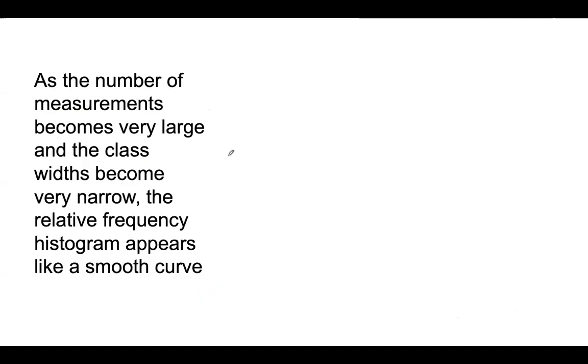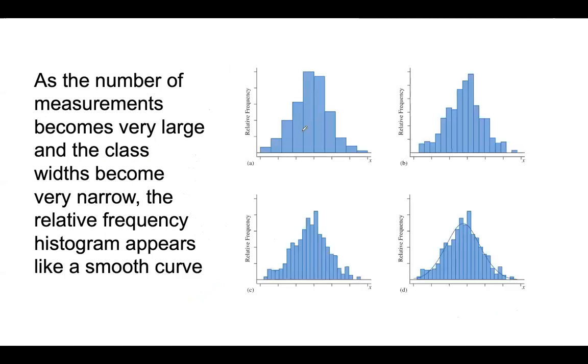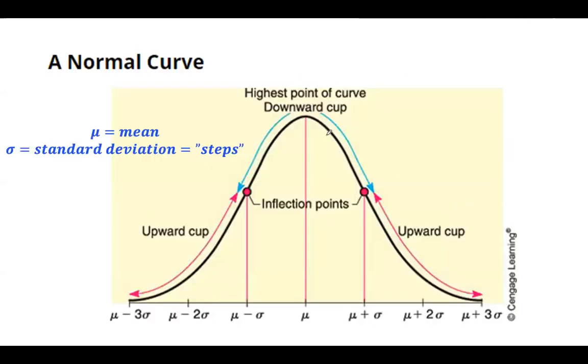So as the number of measurements become very large and the class width becomes very narrow, the relative frequency histogram appears like a smooth curve. Before, we had this discrete case of X times the relative frequency, and it was a histogram. And when we make these very, very small, it starts to look like something we're very familiar with, which is this normal curve or bell curve.